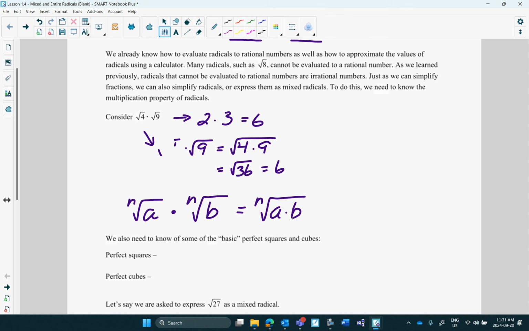So as some examples, can you tell me, and remember, we're not using the calculator, the square root of 5 times the square root of 2? Don't overthink this. It's actually very easy. Square root of 10, because it follows this rule. The cube root of 4 times the cube root of 5.